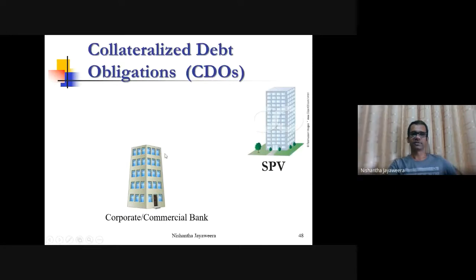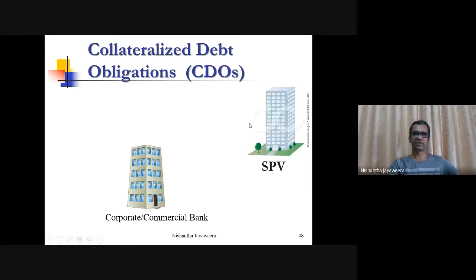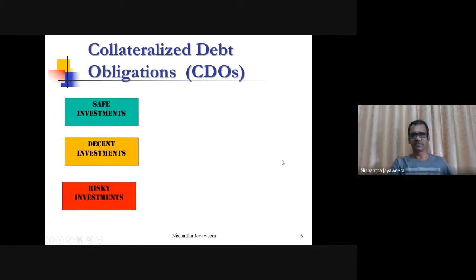So this commercial bank or corporate, which we call the originator, transfers those assets to the SPV, and the SPV pays or transfers funds to the commercial bank. How does this SPV generate funds? That is by issuing securities. That's the next step.